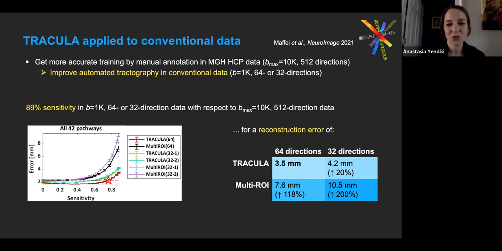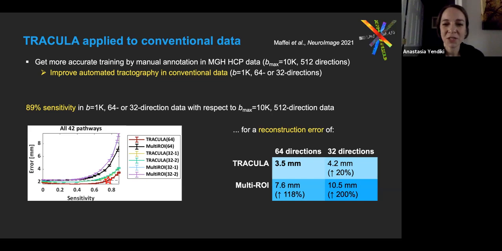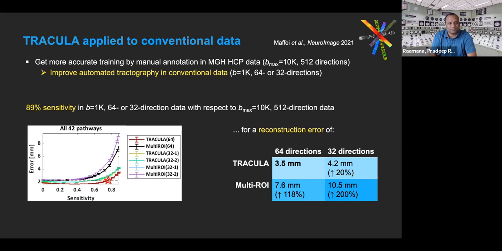You need two measures to capture the trade-off. Think of it as an ROC curve, if that makes sense. Is that okay? Yes. Okay. Thank you.